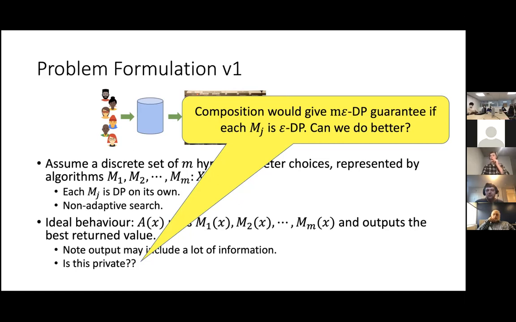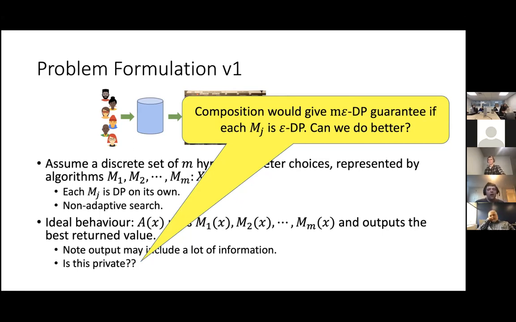Thomas? Yeah, I had a question: do we have to release the hyperparameter itself or not? I understand we release the output of the model with the hyperparameters that we have chosen, but do we release the hyperparameter itself? Good question.